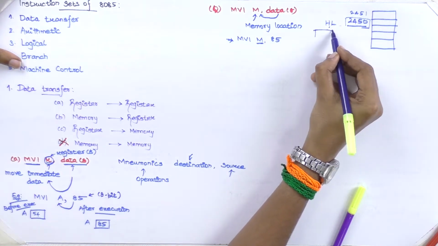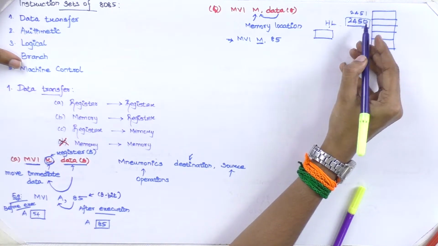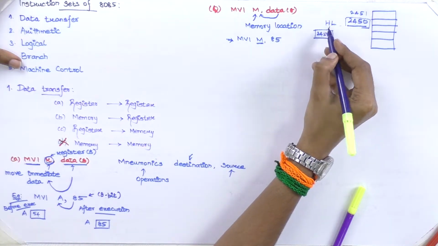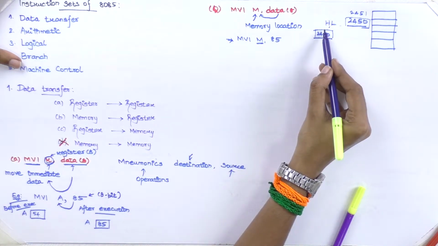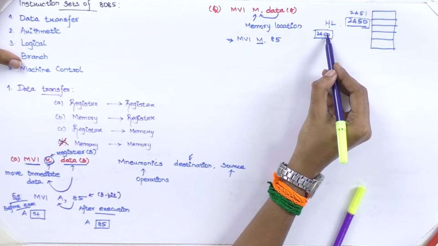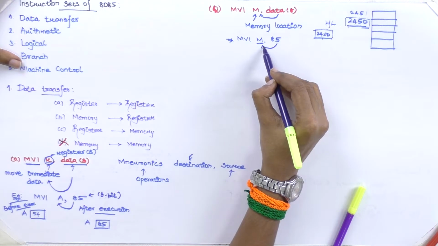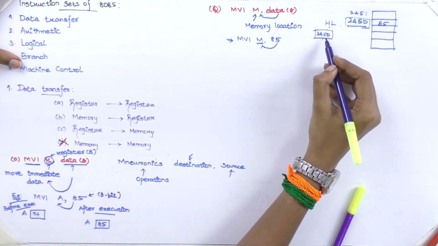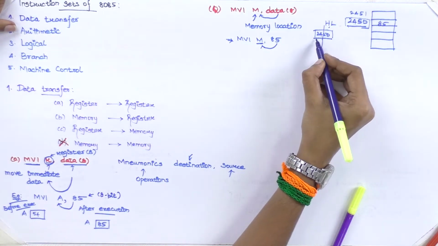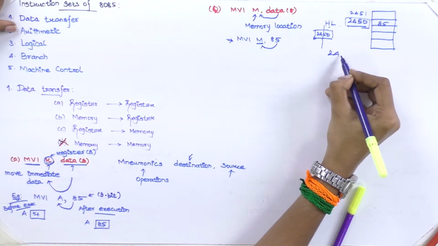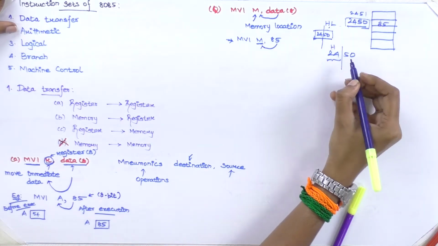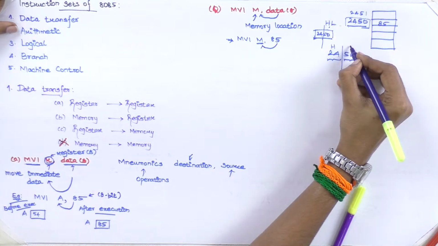So it will take this as a location and move the value 85 to 2450. While storing this value, 24 is the higher byte data, it will be stored in H register. 50 is the lower byte data, it is stored in L register.